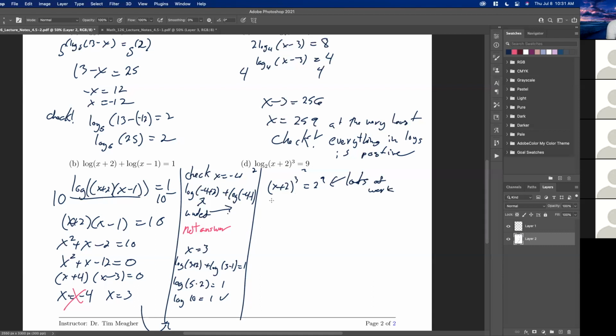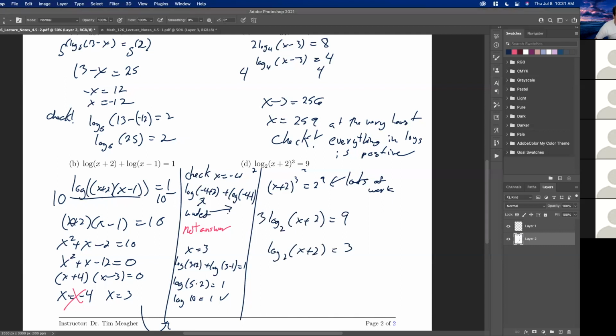A quick shorthand would just be to take this 3 out, and then have 9, and then divide it out. And so here we have log base 2 of x plus 2 equals 3.